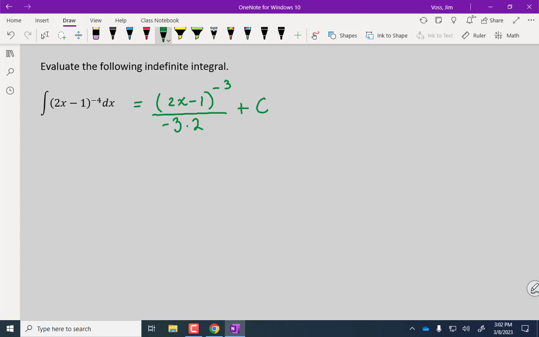So that is power rule in conjunction with reverse chain rule. If we wanted to simplify this, there's not a lot we could do, but we could eliminate the negative exponent. A lot of times we like to get rid of negative exponents. So that would be the form you would most likely see in an answer key.